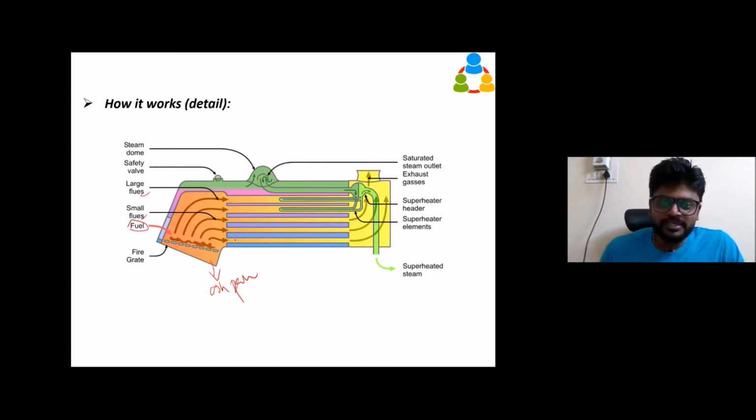You can see the duct pipe diameter is the same here, and it is increasing when you go above the level. I'll tell you what is the purpose of that. They call those large flues, and the small diameter duct pipes are called small flues.